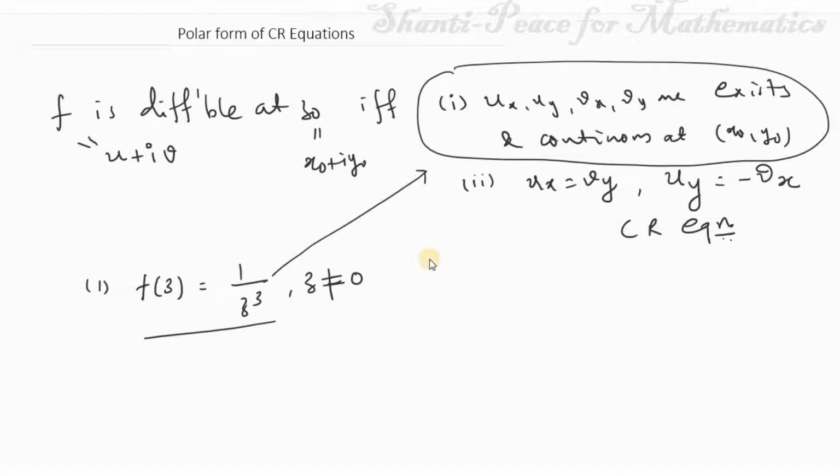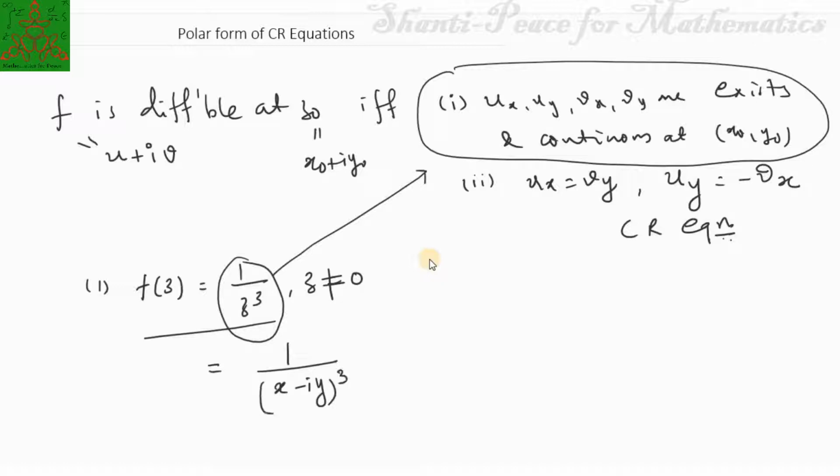When solving this example, you calculate the real and imaginary parts by writing x minus iy cube and multiplying and dividing by x plus iy cube. So the denominator will be x square plus y square raised to cube, and then you expand the numerator via binomial expansion and take the derivative of those terms.